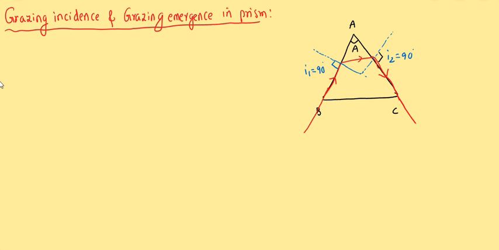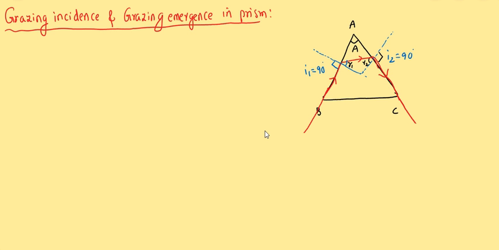You see here, when this angle is 90 degrees, generally this angle is R1 and this angle is R2, the refracting angles. And we wrote this as R1 and this as R2. But if one angle is 90 degrees, the other angle must be equal to the critical angle. Here the incident angle is 90 degrees, so the refracting angle should be the critical angle. If this angle is the critical angle, then this angle is 90 degrees, right?